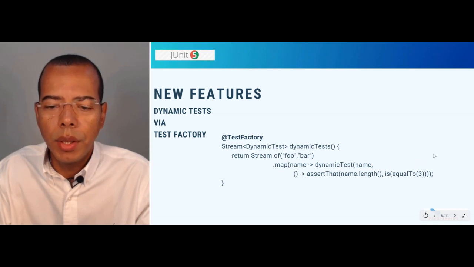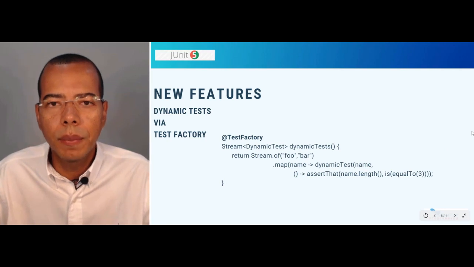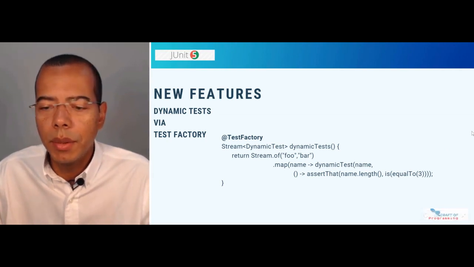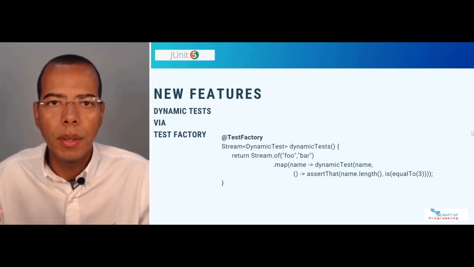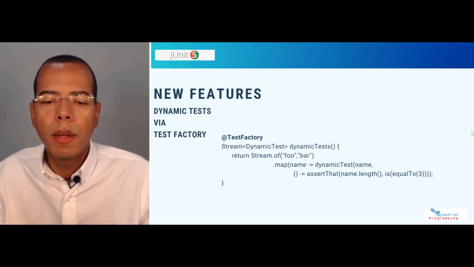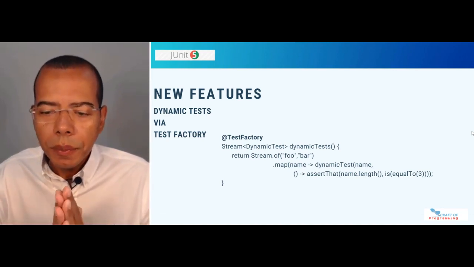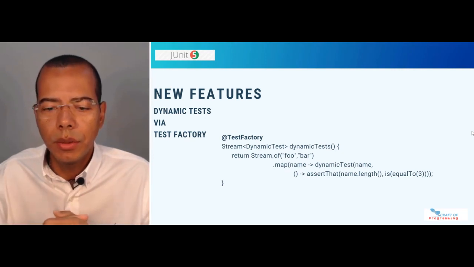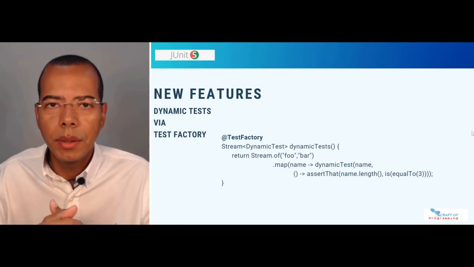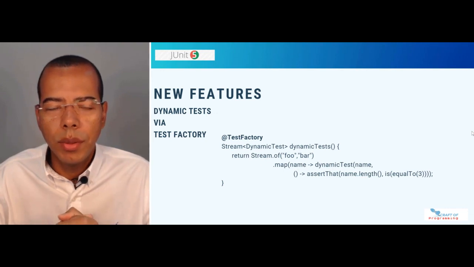What I'm doing here is just asserting that the length of this test name is equal to 3. So this is going to generate two dynamic test methods, one named foo and the other one named bar, and the body of each of these two test methods is just this lambda, which asserts that the test name length is equal to 3.